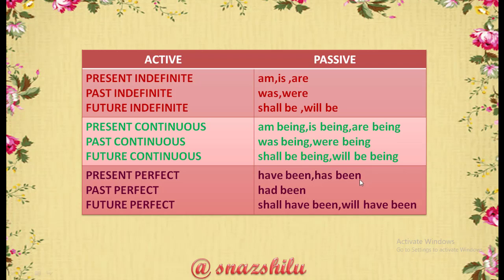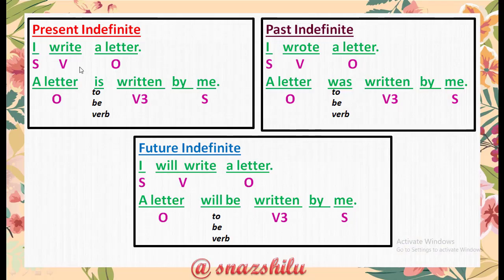I know you all actually know the tenses. For the present perfect tense, have been, has been, past perfect tense had been, and future perfect tense shall have been, will have been. So you need to remember the chart.